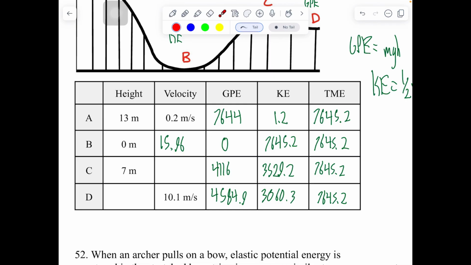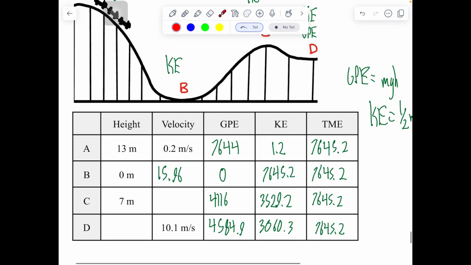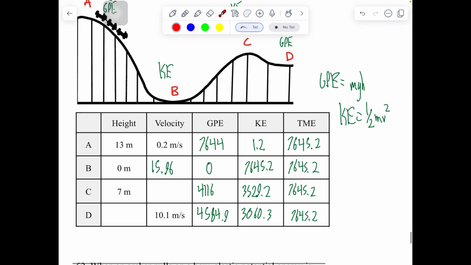Now we know, oh, if we're actually lower down at C, it should be faster, which is what we find. 3529.2, multiply that by 2, divide by the mass of 60, take the square root, and we get 10.85.